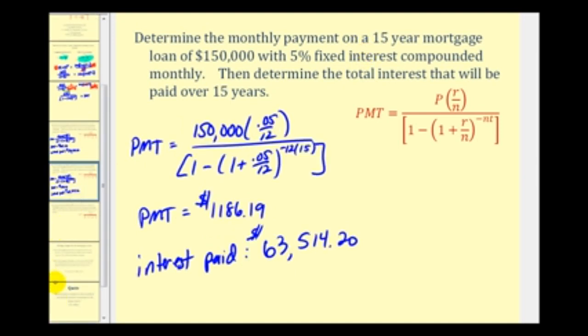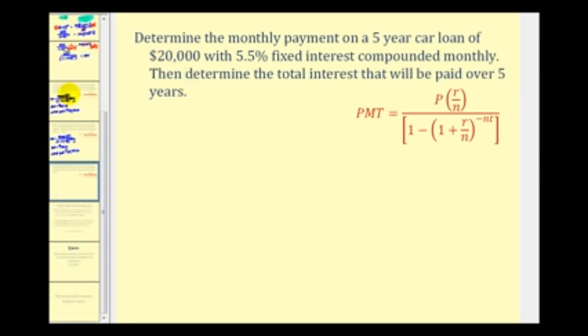mortgage. Let's go and take a look at one more example dealing with a car loan. So determine the monthly payment of a 5-year car loan of $20,000 with a 5.5% fixed interest compounded monthly. So it's the same formula. We have $20,000 times 0.055 divided by 12 as our numerator.